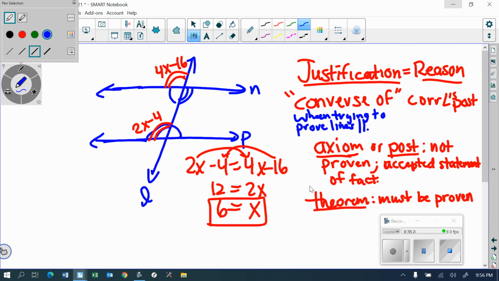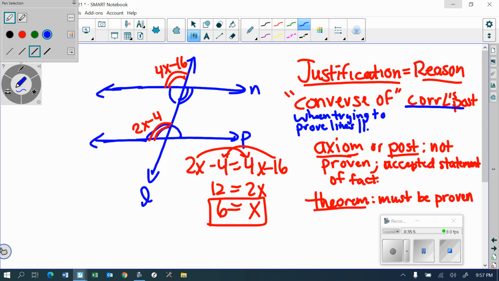So I'm not going to write out the word parallel at all. You're learning the vocab. It should be reviewed, but if you want to watch at the beginning of the year and learn this stuff, now you're learning it right now. Whenever I have converse of, and in the DCAS they may not have converse of at the beginning, but it'll have the word converse in there, that's only used in justification when you're trying to prove lines parallel. That means we don't know they're parallel to begin with, we're trying to prove it.